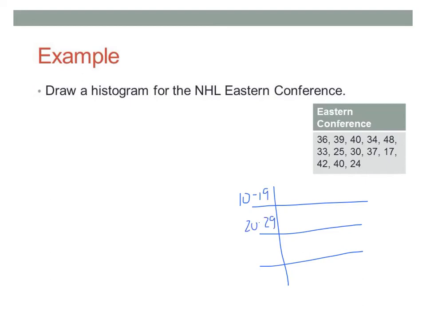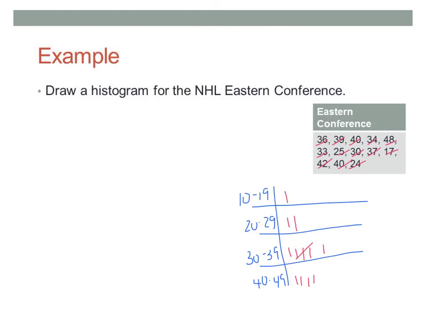So this is going to be how many games they won. 30 to 39, and then we can do 40 to 49. And then each set of data, you're just going to make a little tick mark. So 36 would go there, 39, 40, 34, 48, 33, 25, 30, 37, 17, 42, 40, and 24. And then again, you might want to add those up and make sure you have all 13.